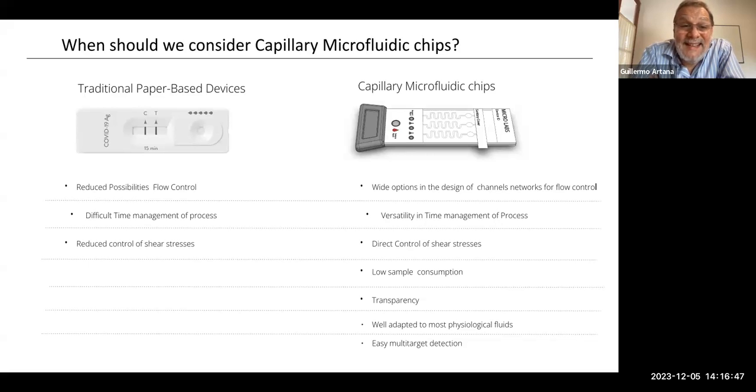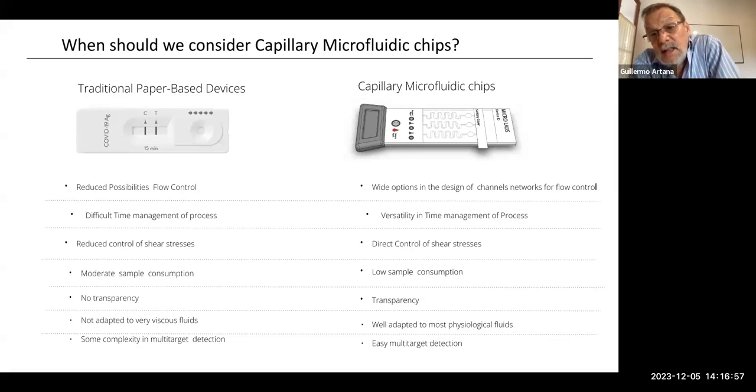Also, in general, capillary microfluidic chips need low sample and reagent consumption, and you have the possibility of transparency on the chip. This means that you can use a large number of tools related to optical detection.